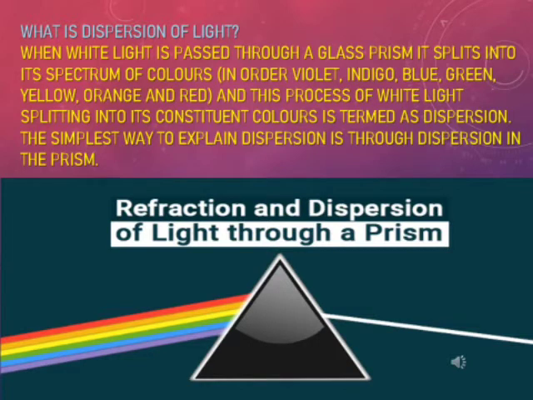This process of white light splitting into its constituent colors is termed dispersion. The easiest way to explain dispersion is through dispersion in the prism.